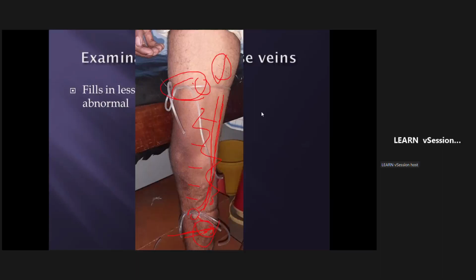Sometimes when you do lasers, they can recanalize. Sometimes you treat the proper vein and accessory veins come up. So for these reasons, it can recur.